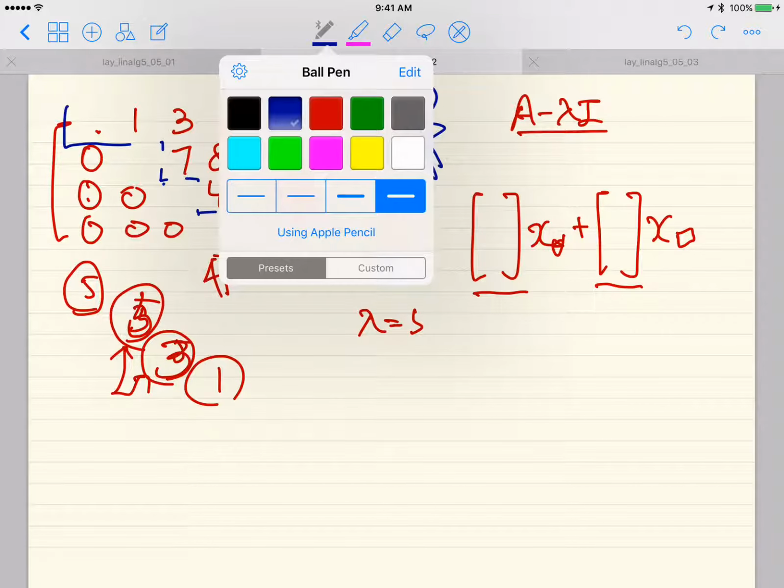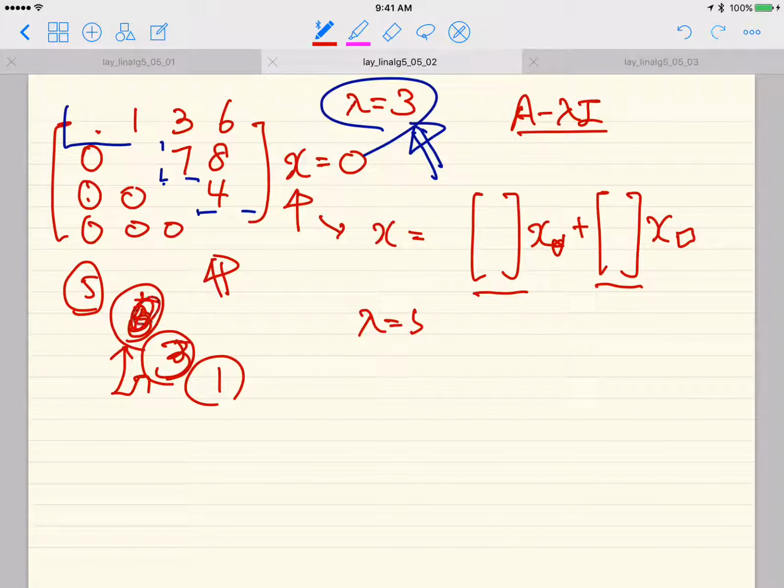So let's get back to this example, 5, 3, 5, 1. Then in this case, 0 and minus 2, and 0 and minus 2, minus 4, right?